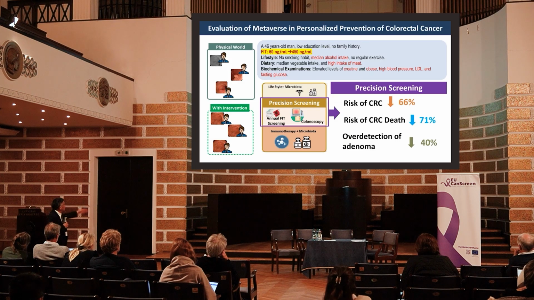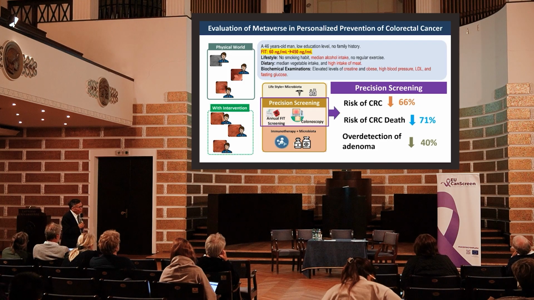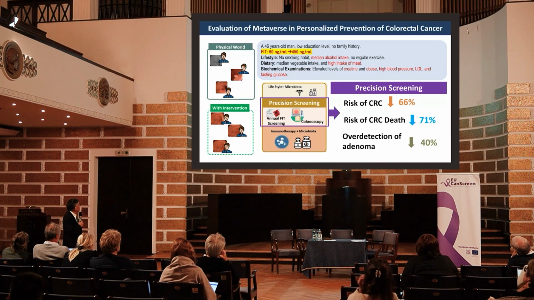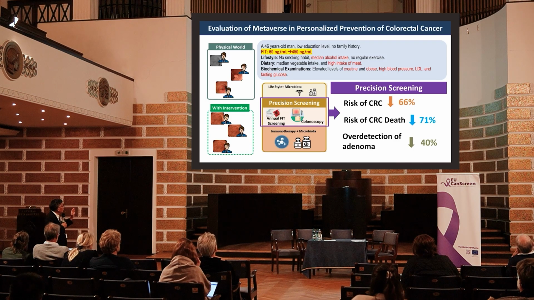Then you can use these very detailed individual characteristics. For example, a 46-year-old man, and the fecal concentration has already shown a change from 60 to 450. And the lifestyle, the dietary habits, and also biochemical biomarkers.